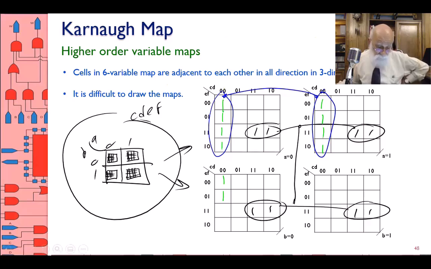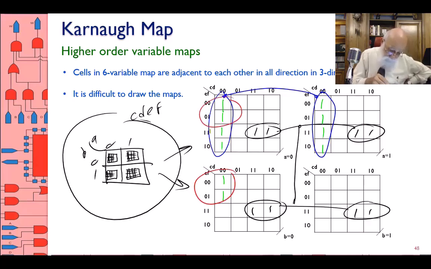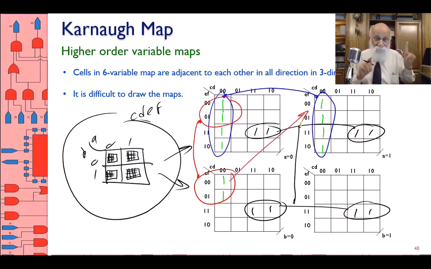But then this and this also form a map. But then the 2 on the lower left and these 2, definitely they don't form a map because they are diagonally across. But the red one, on top and the bottom, they do form a map.